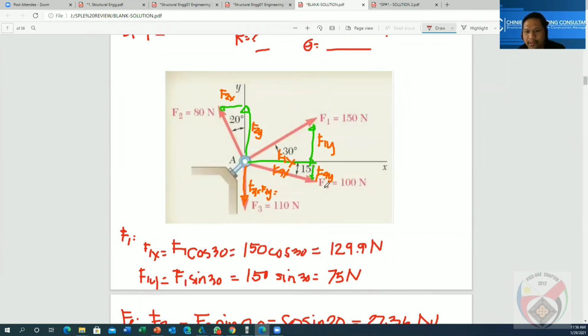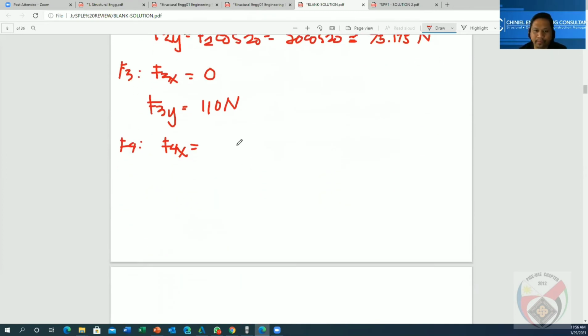So F4 is this one, and x is here, and the angle is here. So it should be cosine because it is adjacent. Our angle is 15, so F4x is adjacent to 15. This is its adjacent. So F4x is F4 cosine of 15, and F4y is F4 sine of 15.